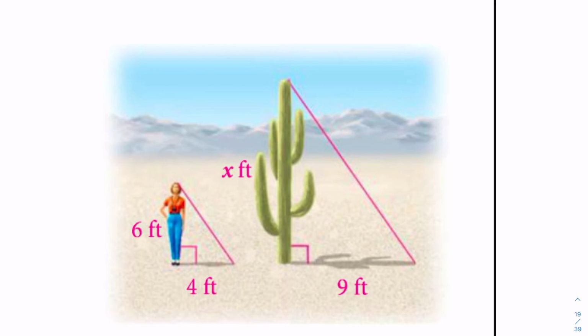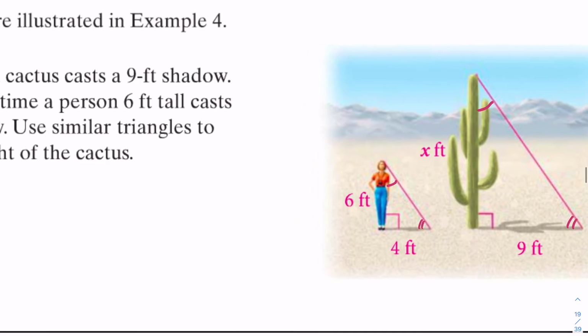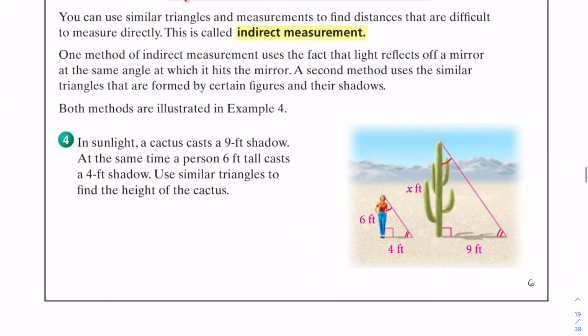So we know that this angle here is congruent to this angle here, and this one down here, what's found against the sun and the shadow, is also congruent. So really we have two similar triangles here, and we're going to use indirect measurement to find that.